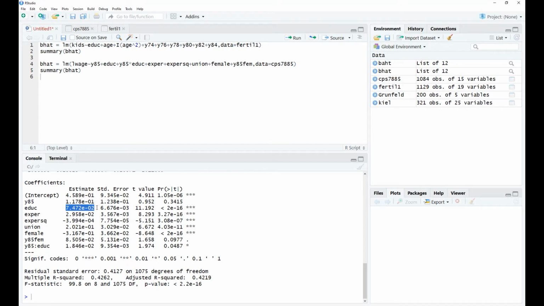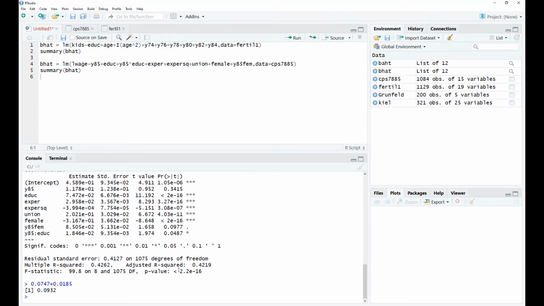Now, the return to education in 1985 is the 0.0747 plus the coefficient of Y85, which means that the return to education in 1985 was 9.32%.